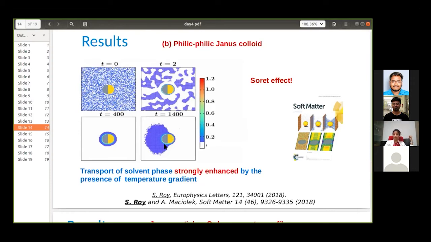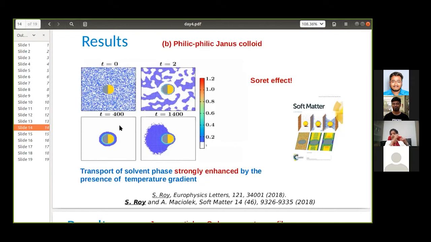If you compare the steady state profiles at t equal to 400 and 1400, there is no doubt the structure formed in the presence of a temperature gradient is highly asymmetric compared to the one at t equal to 400. What it tells us is the following: when you have a temperature gradient, the asymmetry of the structure gets more and more enhanced.